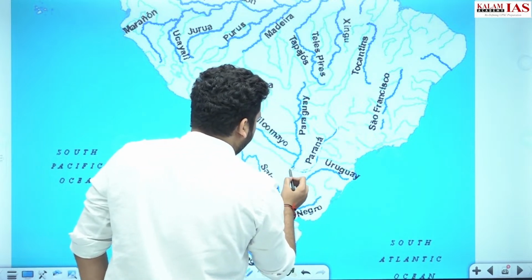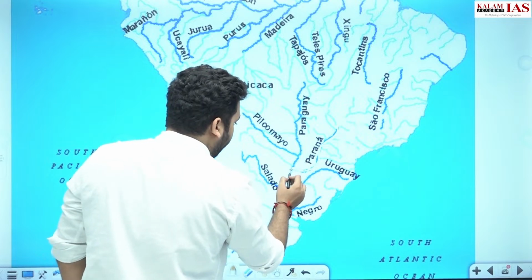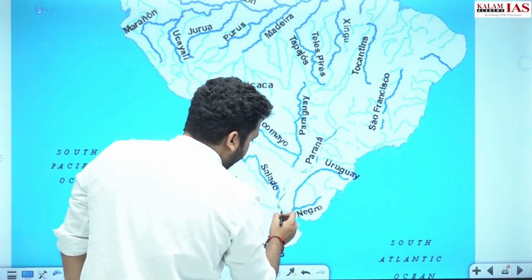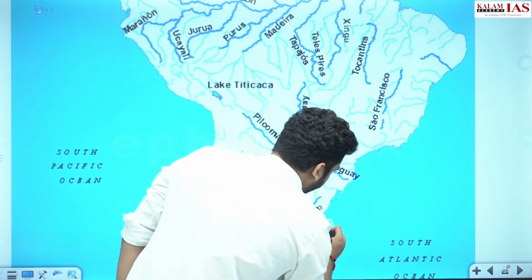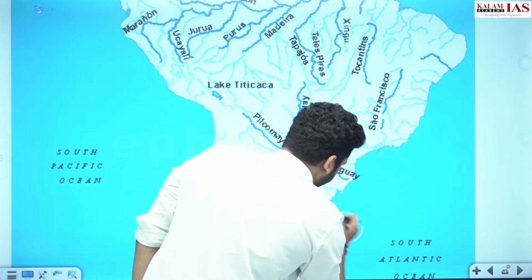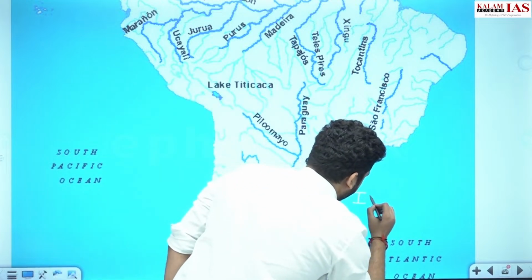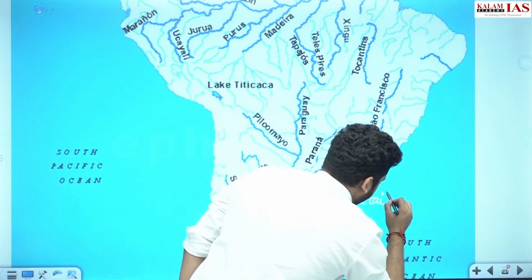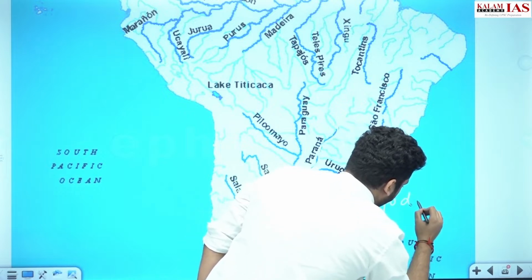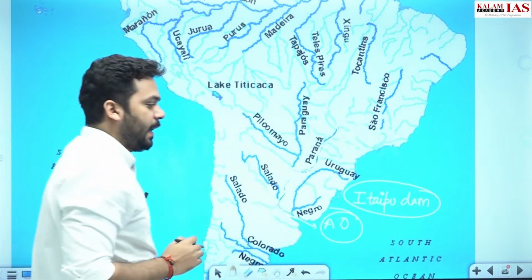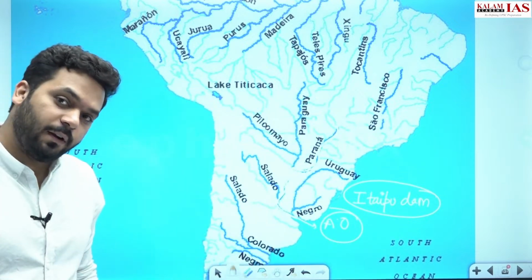It forms the border between Brazil and Paraguay, then between Brazil and Argentina, and then it drains into the Atlantic Ocean. Itaipu Dam is on River Parana.